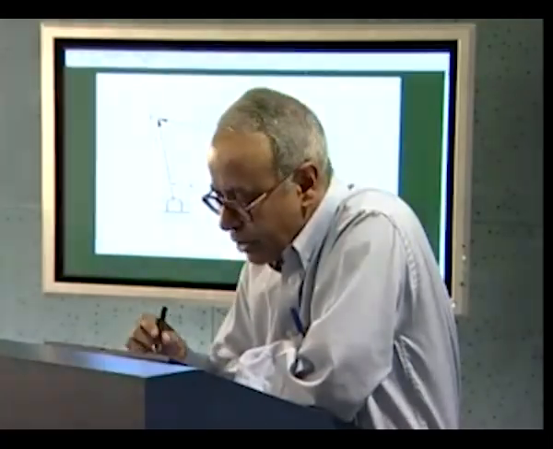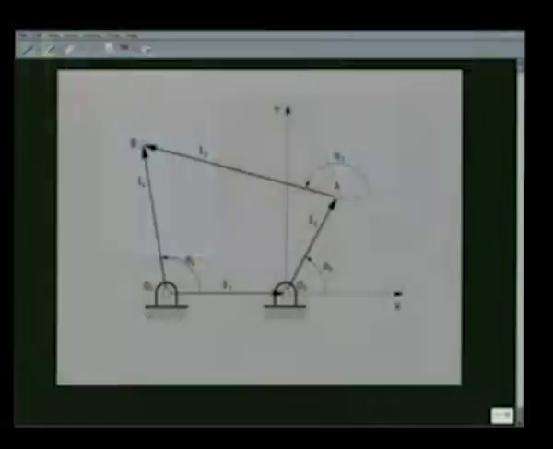This diagram shows a 4R linkage O2, A, B, O4. As we see, the fixed link O4, O2 suppose has a length L1, and O2A, the second link, has a link length L2, AB, the coupler, has a link length L3, and O4B is the fourth link with link length L4.